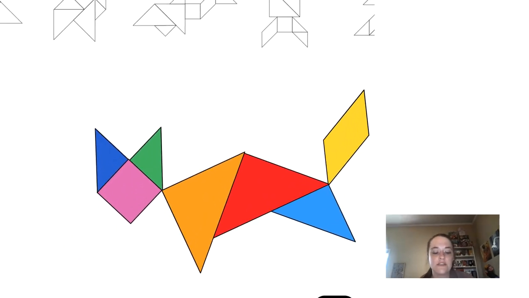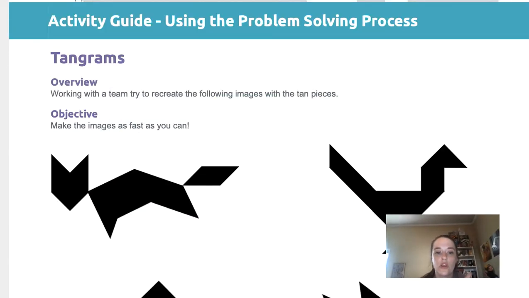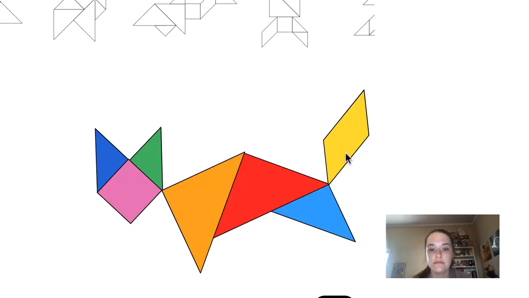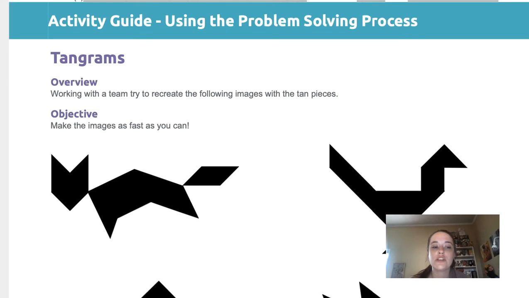So in your activity guide, you need to try to use the Tangrams to recreate these animals. I have the first one done already. You can copy that if you want, or you can just skip it. After you make the animal with the Tangram pieces, you're going to take a screenshot of it, and then you're going to submit that along with this activity guide.